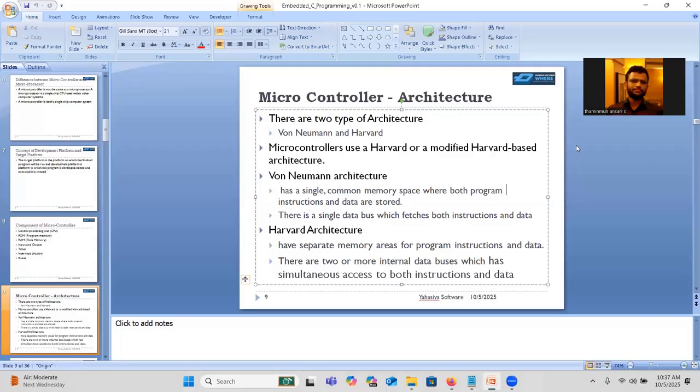These are the two different architectures that we have in microcontrollers. Depending on the architecture the microcontroller is based on, its efficiency will differ. This is one thing that we have to understand right now.